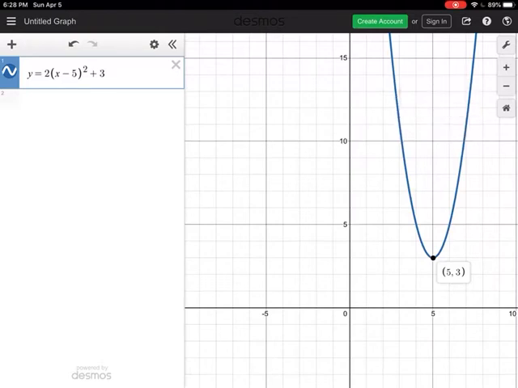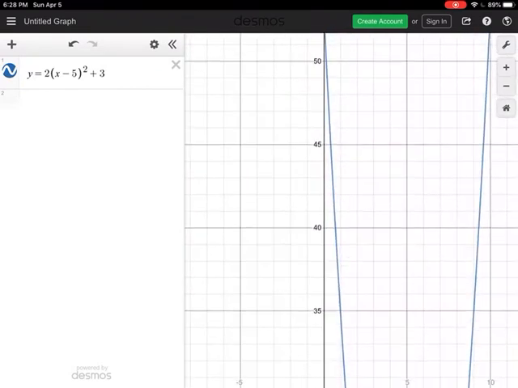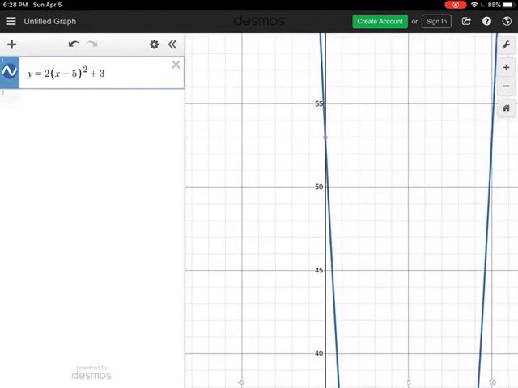And the y-intercept is 53. I'm just going to scroll all the way up so I get to my 50s. And if I hit the y-axis, there's your y-intercept, (0, 53). And it opens up. All that you should be able to determine just by looking at the equation itself as far as whether it opens up or down. And then you should be able to find the vertex.